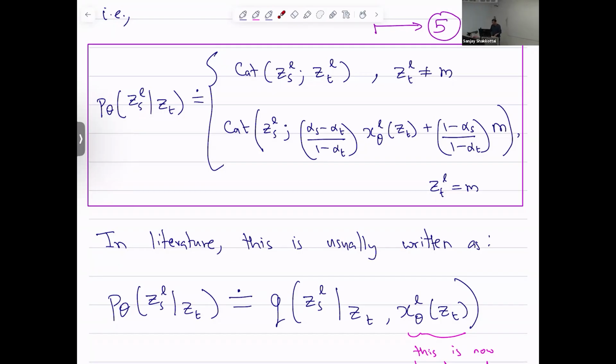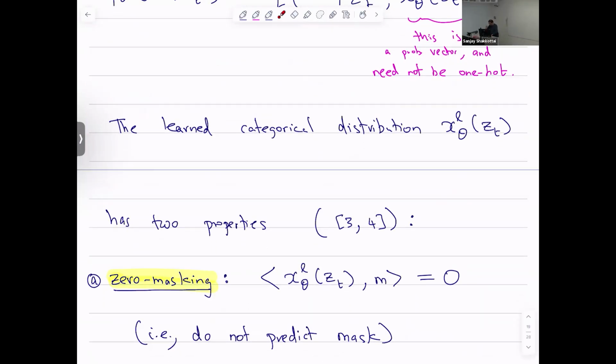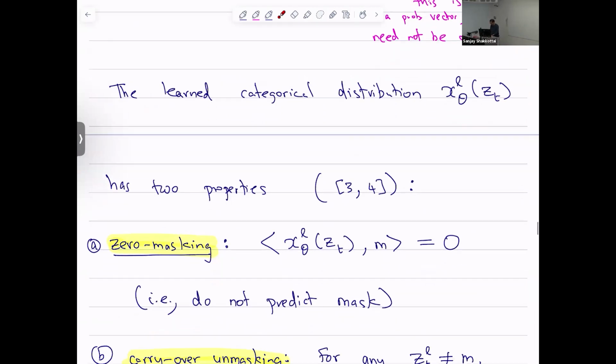All right. But at this point, we are left with predicting this. How do you learn this categorical distribution that you want to learn at each time step? This learned categorical distribution should satisfy two properties. One is what's called in the literature zero masking, meaning it does not have support on the mask, because x theta is a surrogate for predicting what x0 should be.